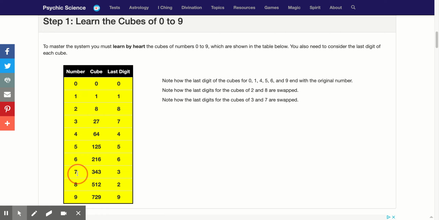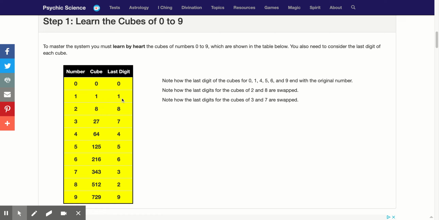If I cube 7, it gives me a ones digit of 3. Same thing with 2. I cube 2, it gives me a ones digit of 8. And if I cube 8, it gives me a ones digit of 2, because it's 512, right? So those are the only 4 numbers that don't have the last digit the same.